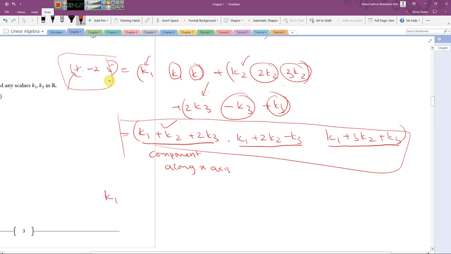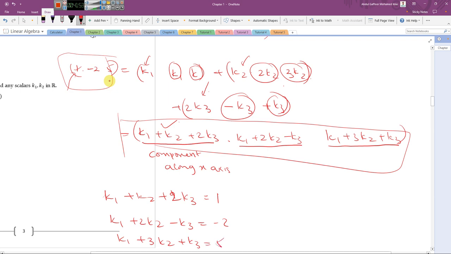So k1 plus k2 plus 2k3 is equal to 1. Then if I equate the y component, k1 plus 2k2 minus k3 is equal to minus 2, then k1 plus 3k2 plus k3 is equal to 5.